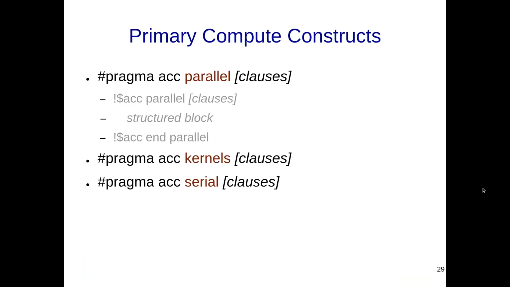The important compute constructs that we are going to study as part of this course are #pragma acc parallel, which is going to allow us to parallelize not only loops, but even other execution statements that you might have in your program.